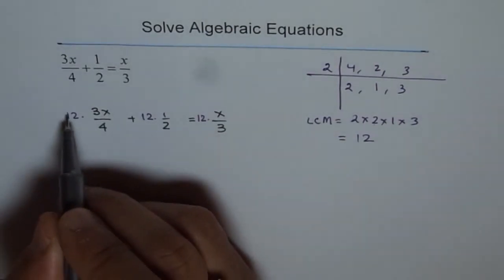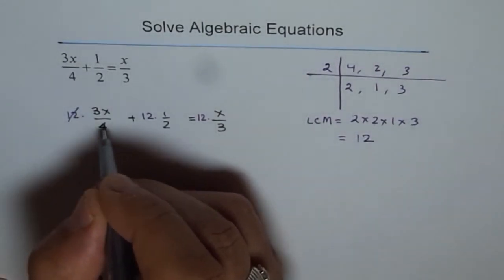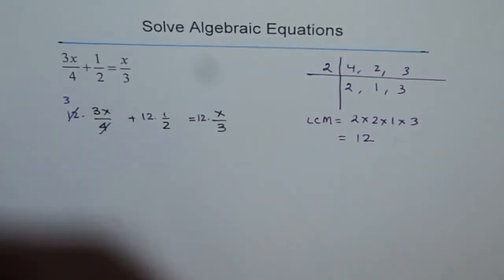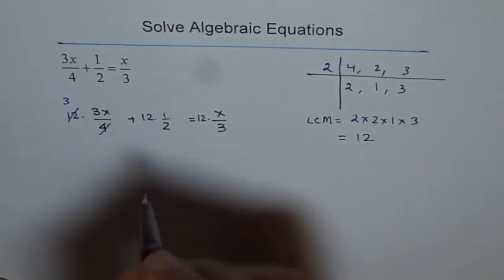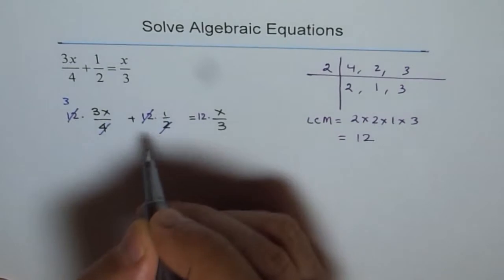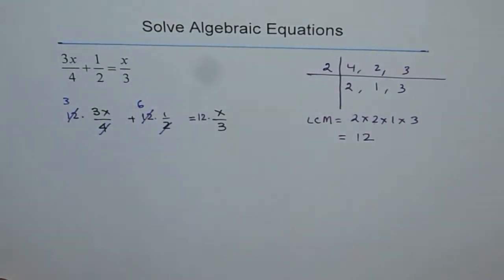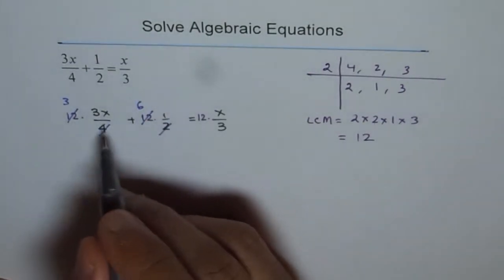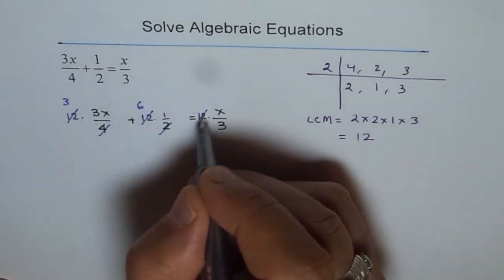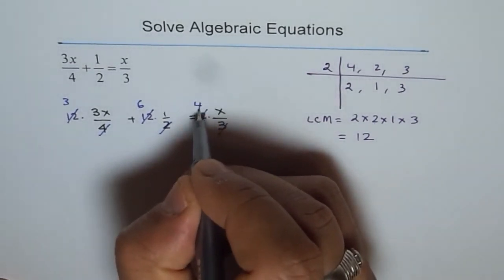So when you do 12 divided by 4, what do you get? 12 divided by 4 is 3. So you got rid of 4. And when you divide 12 by 2, you get 6. Right? Again, 2 is gone. It is 1 there. And 12 divided by 3 is 4. Correct?